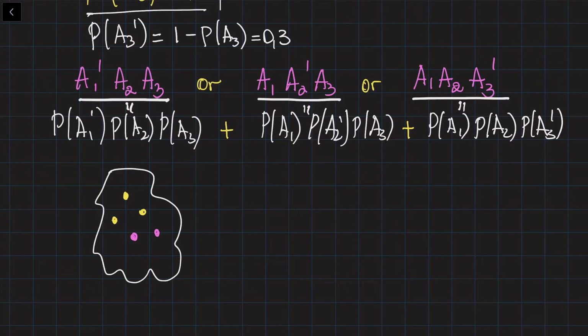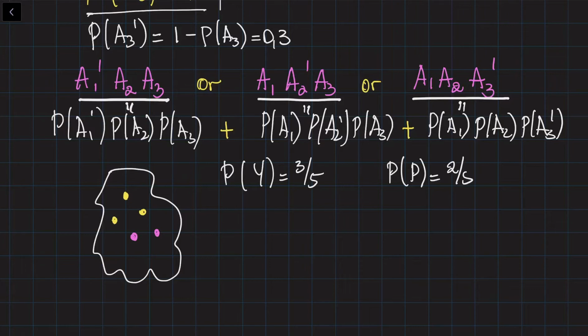So we can easily find that whenever you choose one ball, the probability that the first one is going to be yellow is equal to 3/5. We can also find that whenever you choose the ball the first time, the probability that it's going to be pink is equal to 2/5, right?